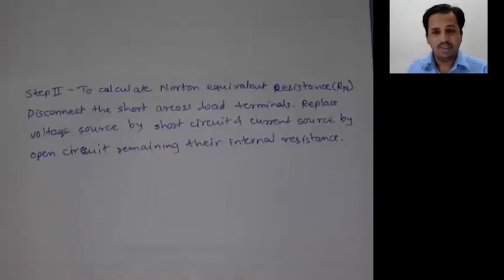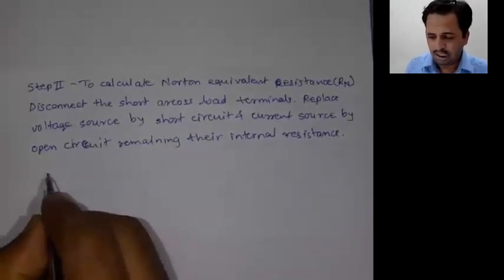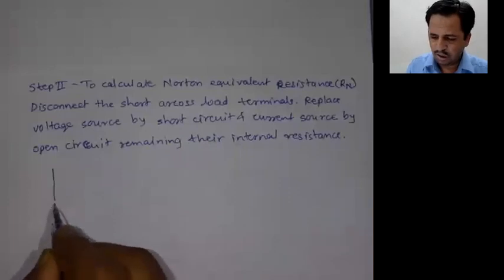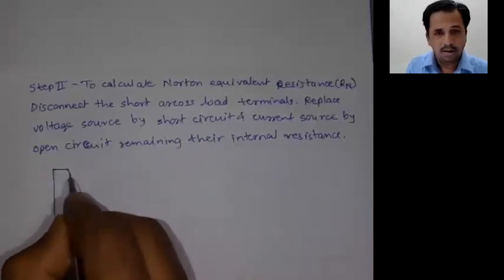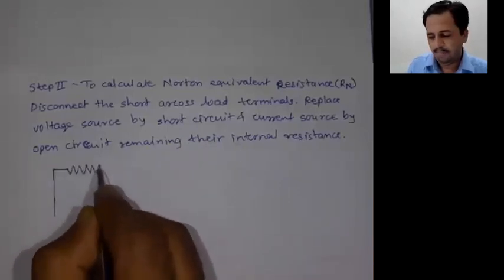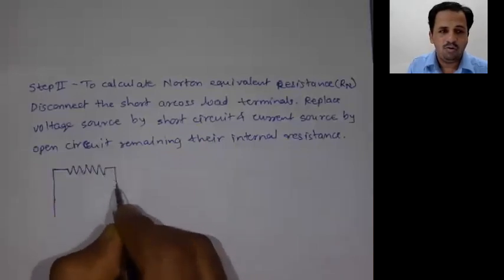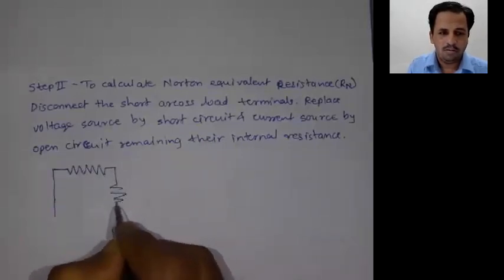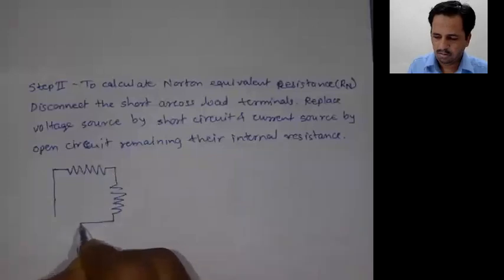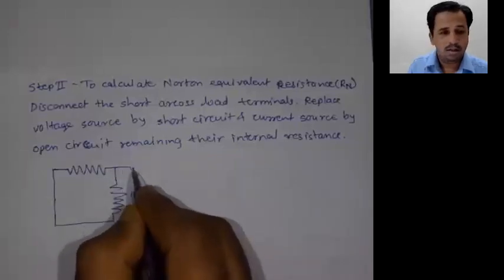Now the circuit should look like this. The voltage source is shorted, and here are the values of R1, R2, and R3.